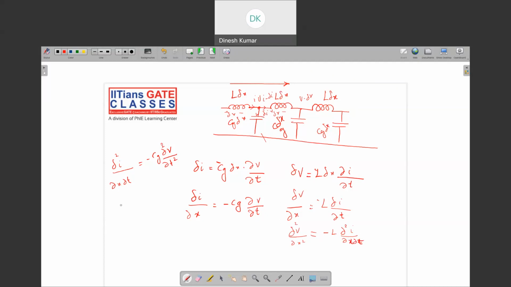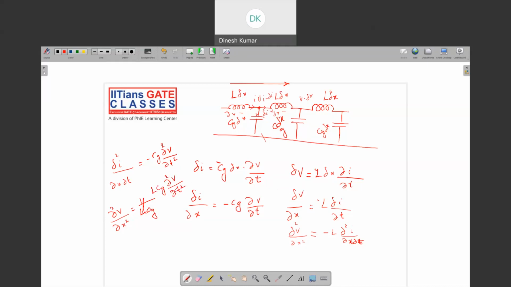So what we will get is dou squared V by dou x squared equal to L Cg dou squared V by dou t squared. Right, so this will be the equation.